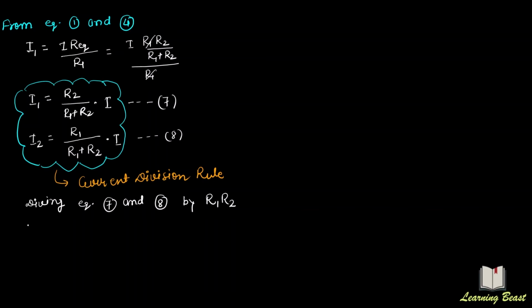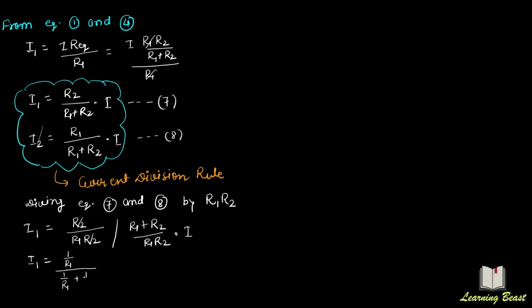So this I1 is equal to R2 divided by R1 R2, divided by R1 plus R2 divided by R1 R2, into I. So this equation can be rewritten as I1 is equal to 1 by R1 divided by 1 by R1 plus 1 by R2, into I.